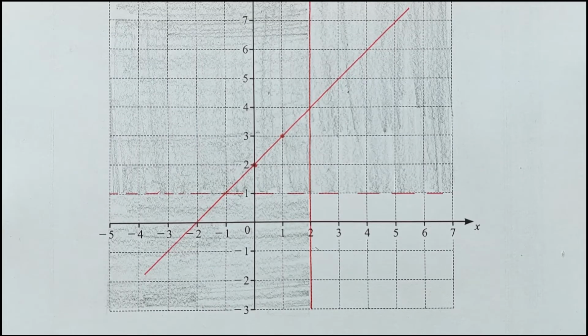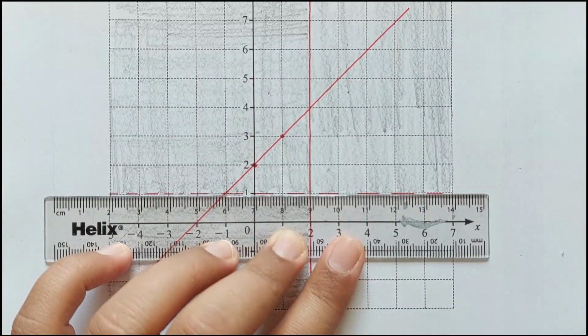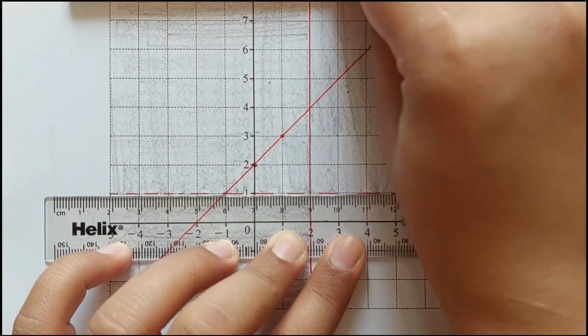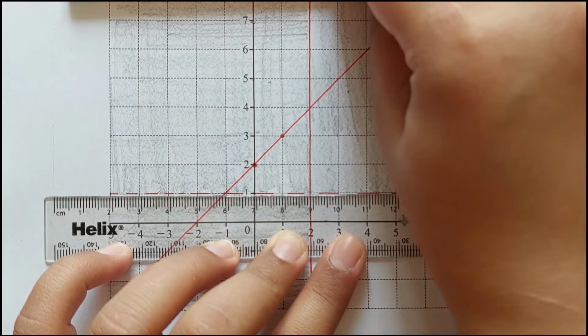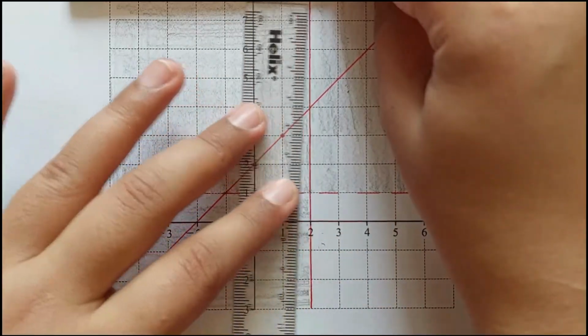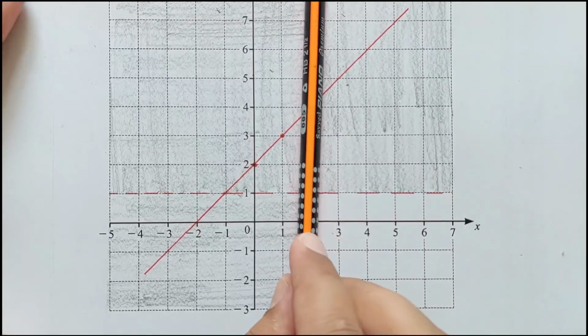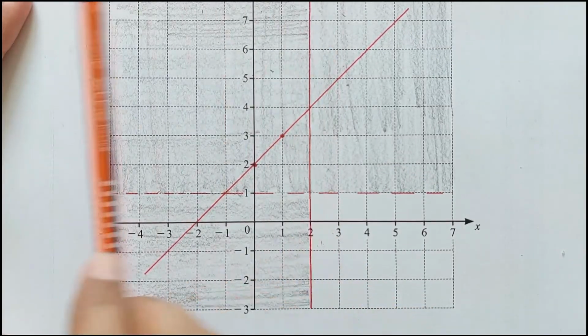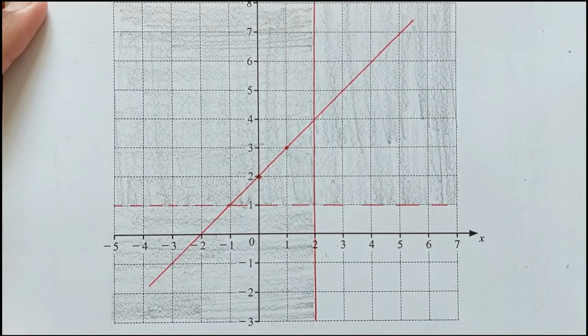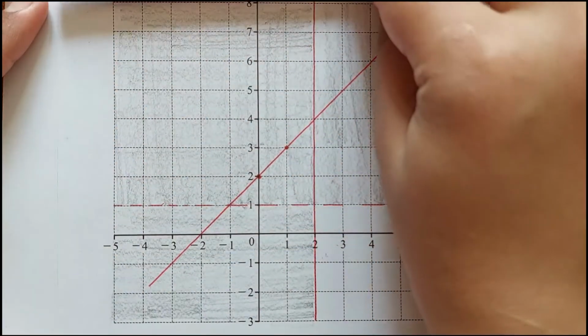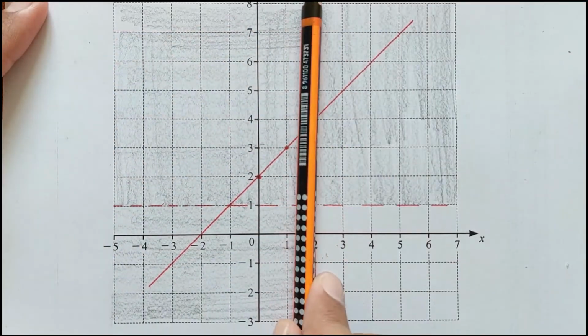Okay, the first one is y is more than 1, this region. With the intersection, y is more than 1 is this region, and x is less than 2 is this region.